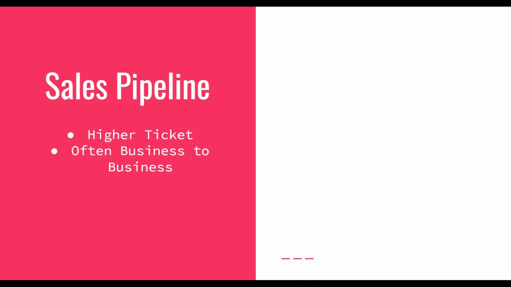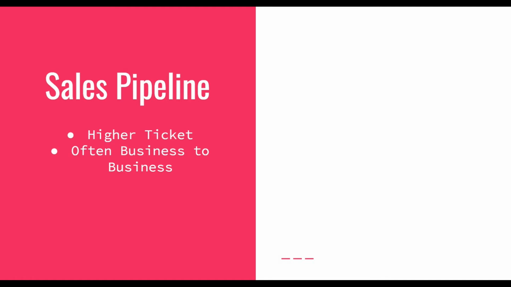So let's start with the sales pipeline. Sales pipelines are usually for higher ticket products, sometimes up to enterprise level products. They are usually a longer term multi-touch point process. They tend to often be used in business to business transactions. Like I said, with the enterprise level stuff, that's not the rule.